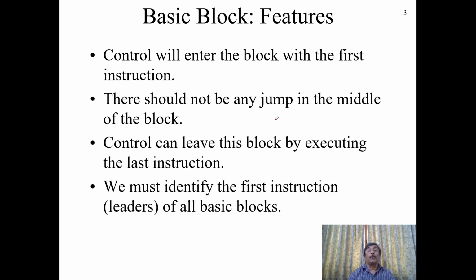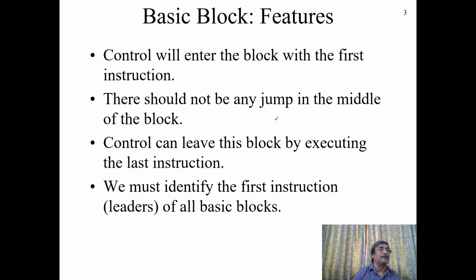And in the middle of the block, there cannot be any jump, any go to, conditional or unconditional. So control can leave this block by executing the last instruction. One entry, one exit per block. So the question is, how do I identify blocks in a given sequence of three address codes which contains generally gotos, etc. So we construct them by finding out the leaders of the block.